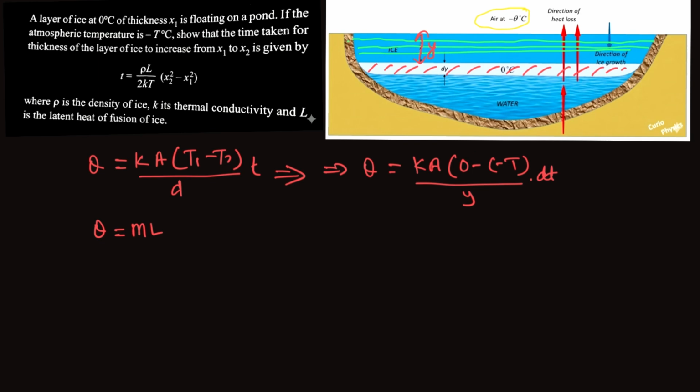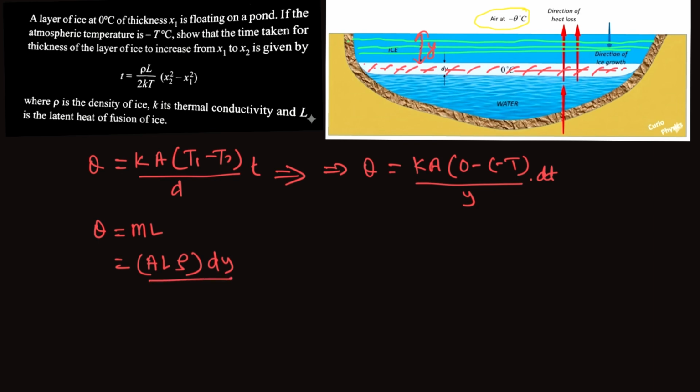Similarly, you can also write Q equal to m times L, where m is mass. Mass is equal to volume times density. So I need to calculate the volume of this strip. Volume is area times length, and mass is volume times density, and dy is the length. So this is the Q.